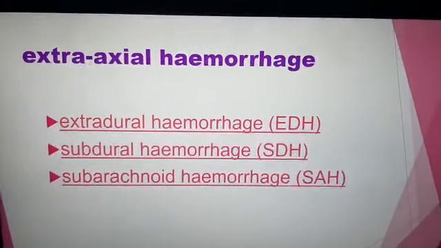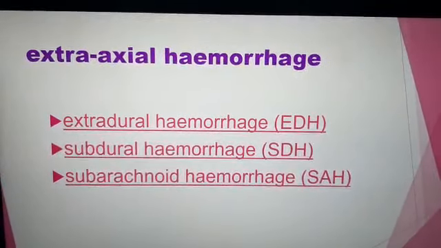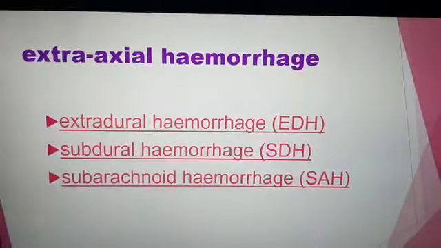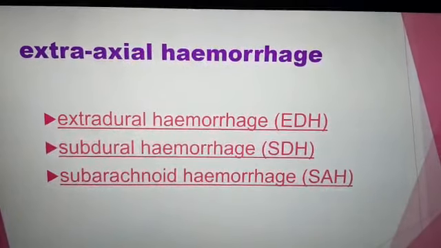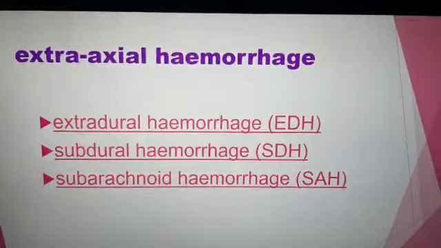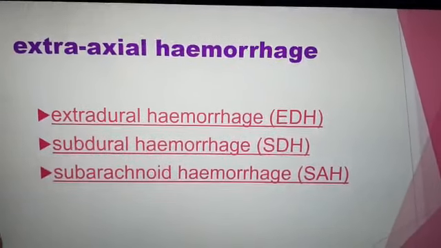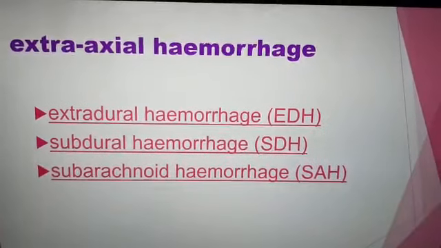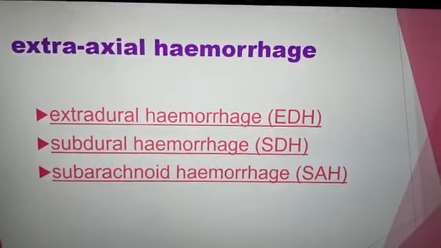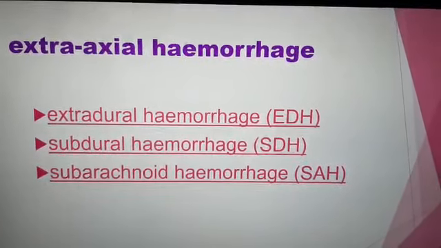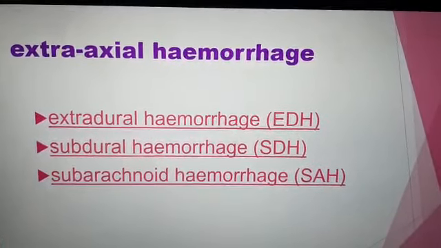We have three types of extraaxial hemorrhage according to location. Extradural hemorrhage occurs outside the dura, between the bone and the dura. Subdural hemorrhage is located under the dura, in the dural space.